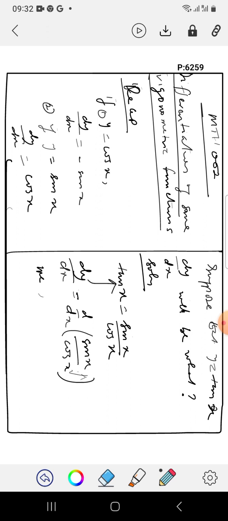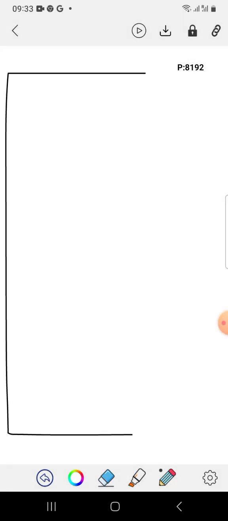So we shall be using the quotient rule for this particular situation.